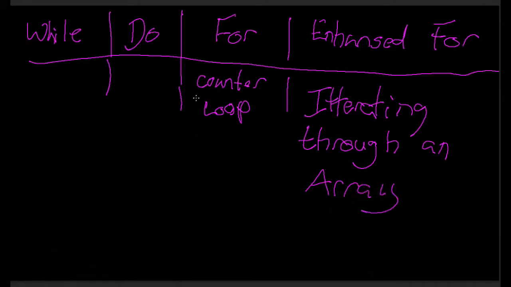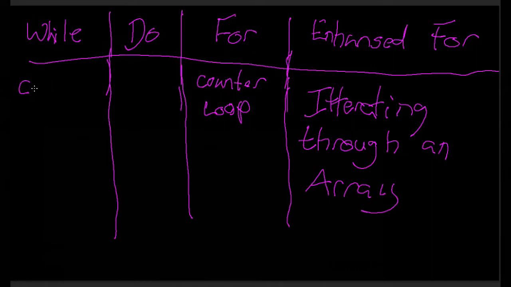And then your do and while loops are basically the same thing with the exception of when the condition actually takes place. So a while loop, the conditional check is first.